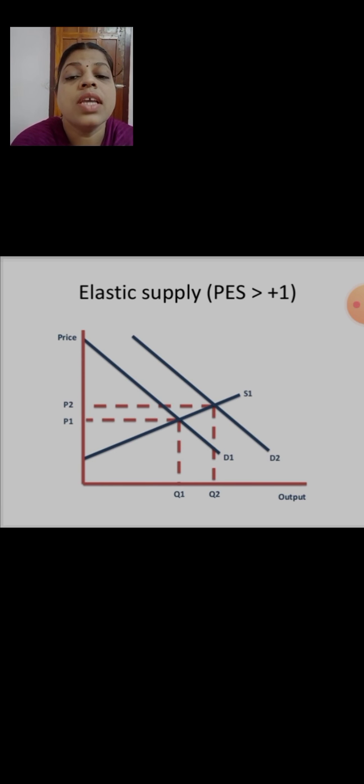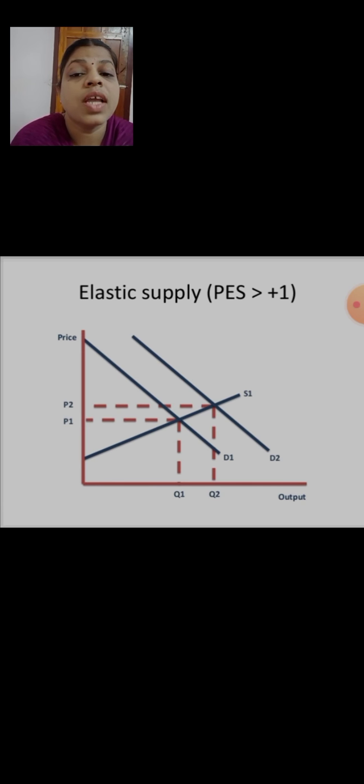Here we can see the elastic supply, that is, price elasticity of supply is greater than 1. I have explained what this elastic supply refers to.